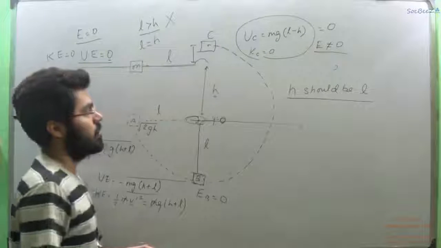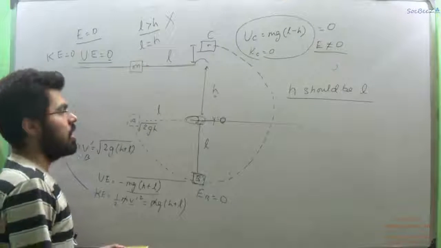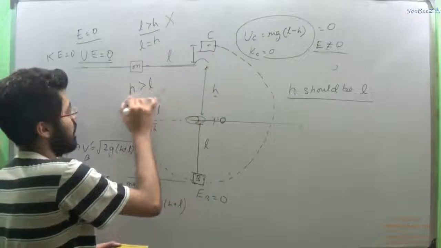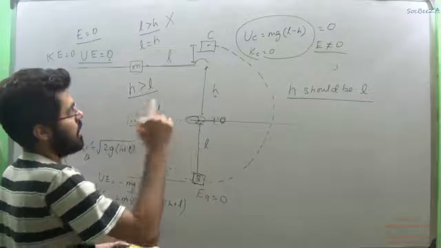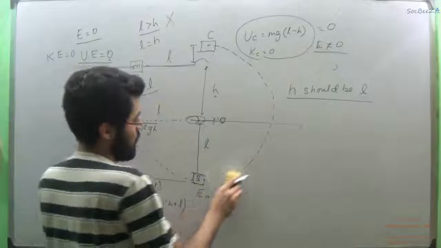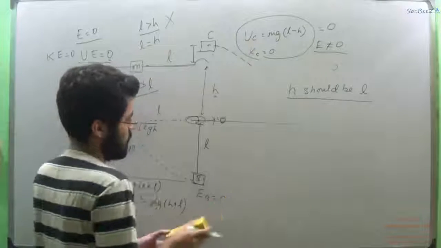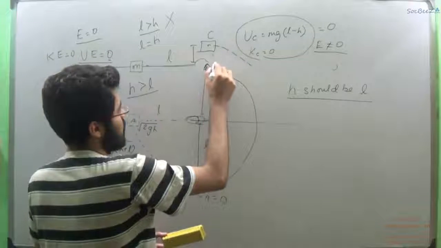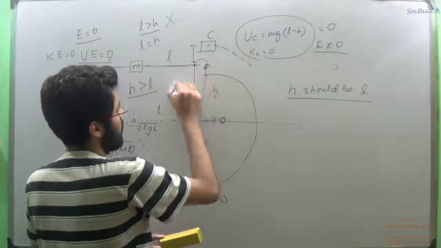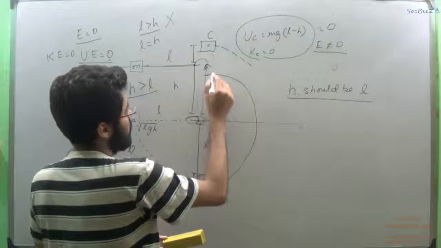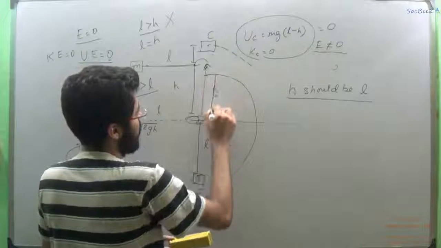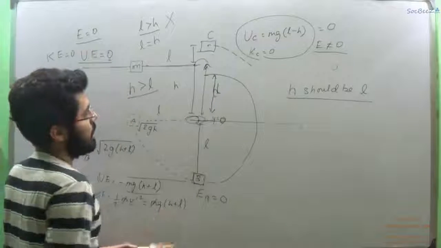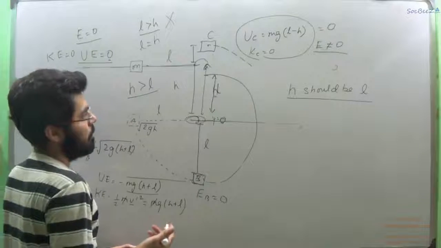At least L. Or let us just check what will happen if H is greater than L. If H is greater than L, it means the circular track would be somewhat like this. This is the height H and this is height L. So if H is greater than L, then what would happen?